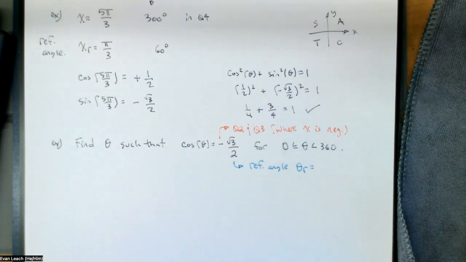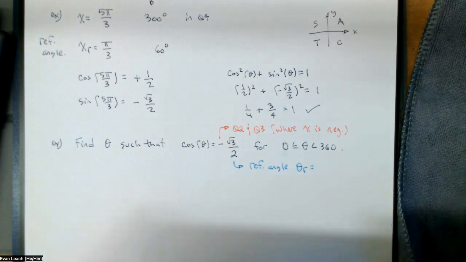What angle has a cosine of root 3 over 2? 30, 45, or 60? We're all armed with calculators. We don't get to be stuck very long.